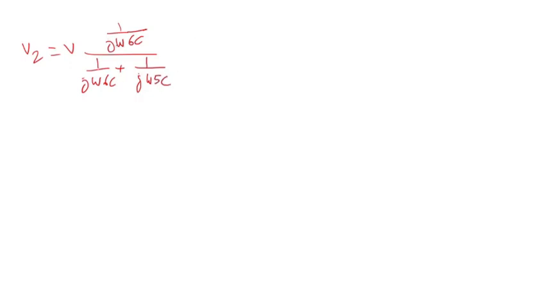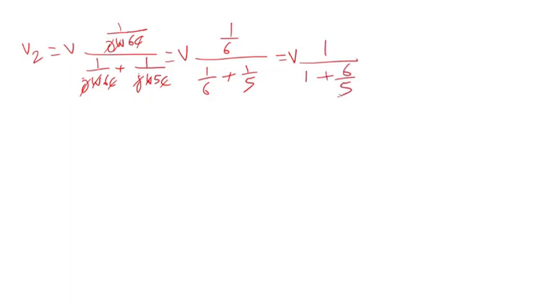Again, it's just a voltage divider. The jωC will go away because I can cancel them out. I end up with V times 1/6 divided by 1/6 plus 1/5. I multiply both top and bottom by 6, so the top will be 1, and the bottom 1 plus 6/5. Simplifying more, 5 plus 6 is 11 divided by 5. So V2 is equal to V times 5/11.